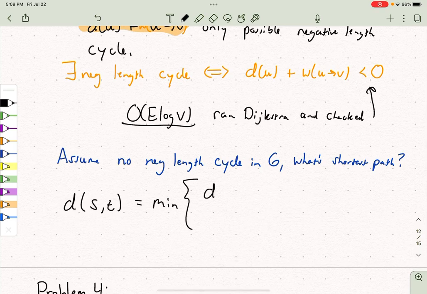It's either the distance in G prime of s to t. So in other words, it does not use edge, it skips edge u to v.